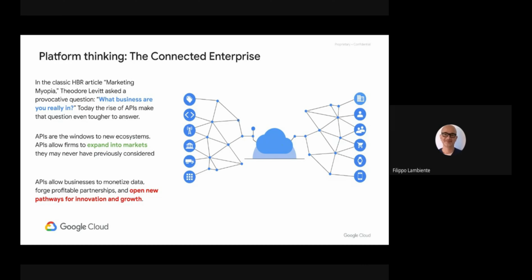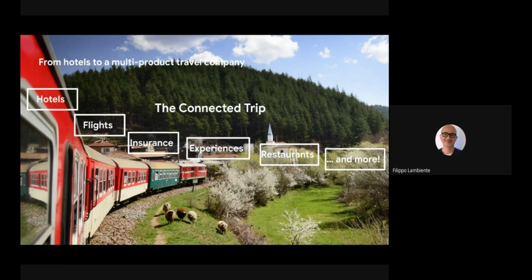This is the power of APIs. APIs give you a window into this new digital economy, and organizations that are able to play a vital role with APIs will be much more competitive compared to their peers in their specific sector.